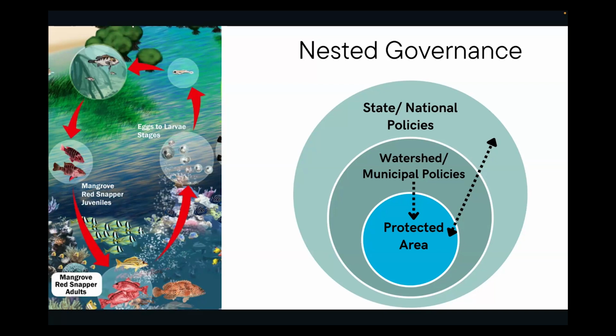So smaller protected areas alone can't build those populations because the fish move out. So island-wide or national policies that protect those fish when they're outside and enable them to have a chance to reproduce can really complement the protected areas that are protecting their habitat and them as juveniles. And the combination of these efforts are really effective at then improving these fish populations. But it's not something that protected areas can do alone.